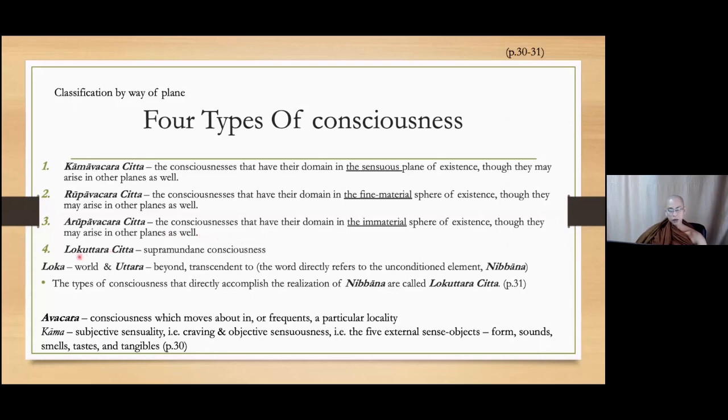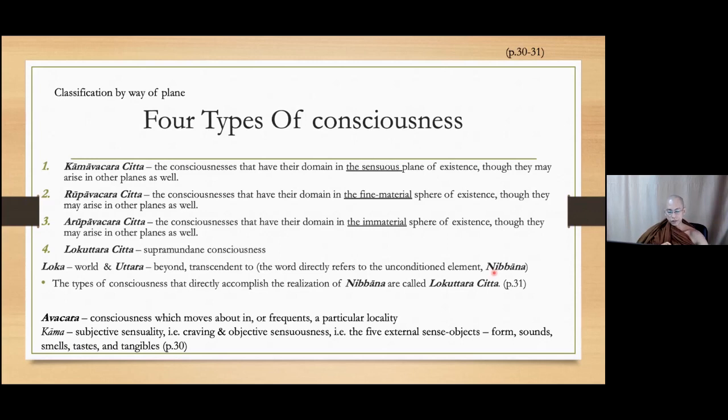The last category of consciousness in this classification is Lokuttara Chitta, supramundane consciousness. Here the word Lokuttara can be divided into two, Loka and Uttara. Loka refers to the world, the three types of world, and Uttara is beyond, going beyond or transcended. So this word is directly related to the meaning of Nibbana.